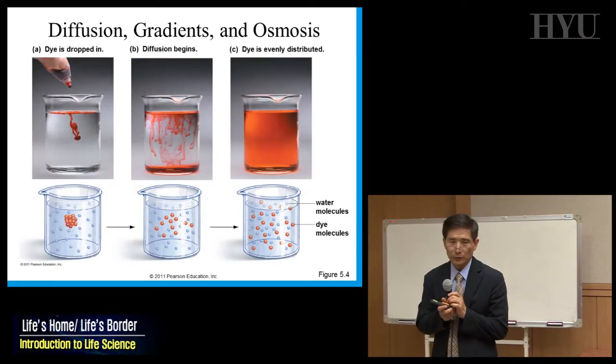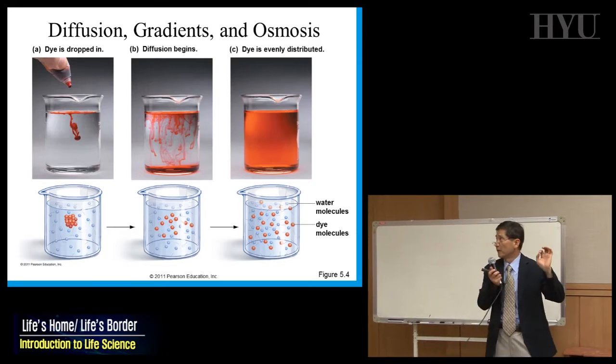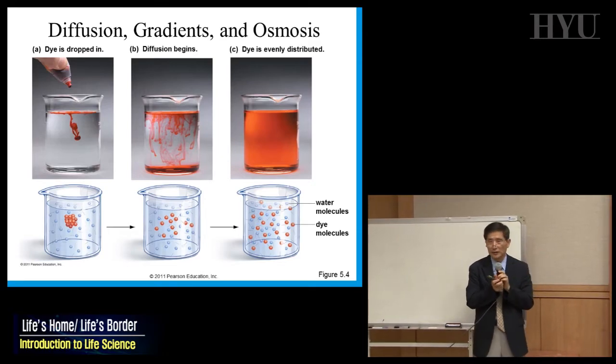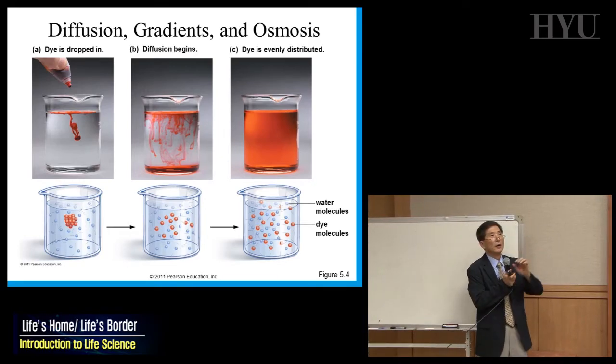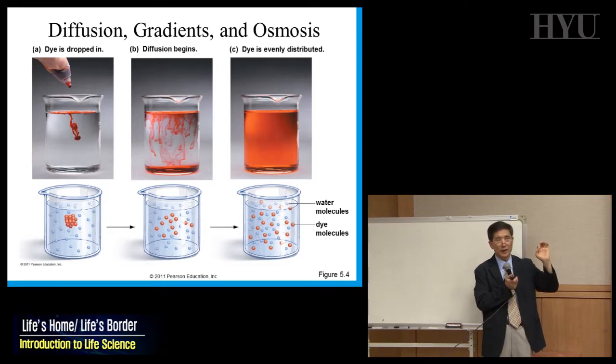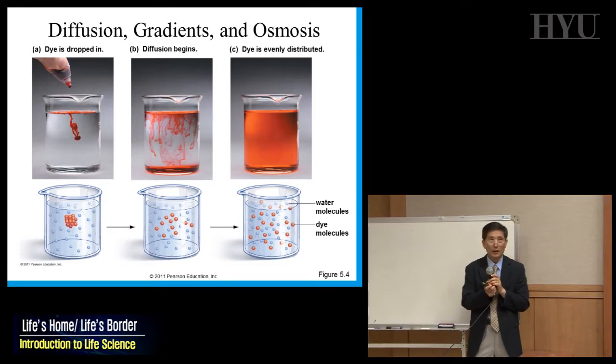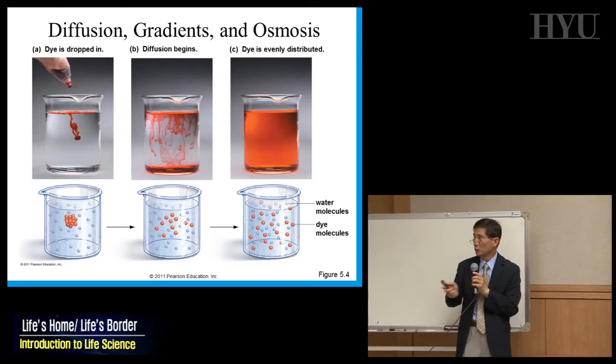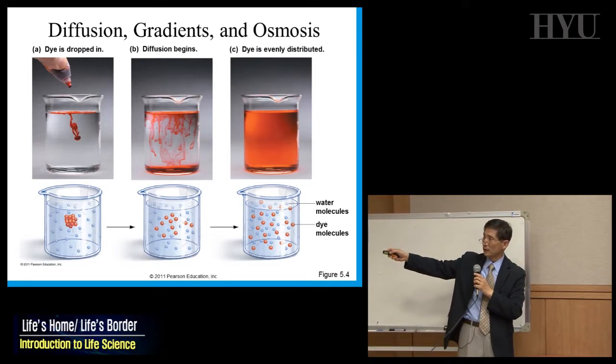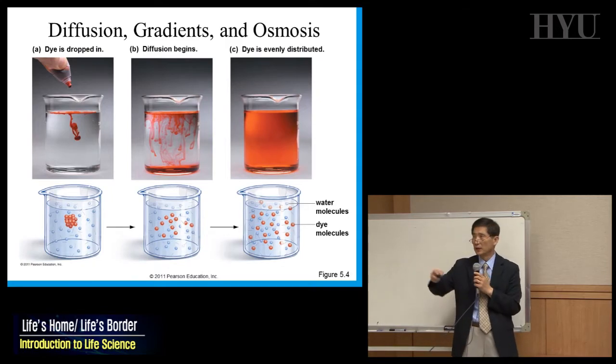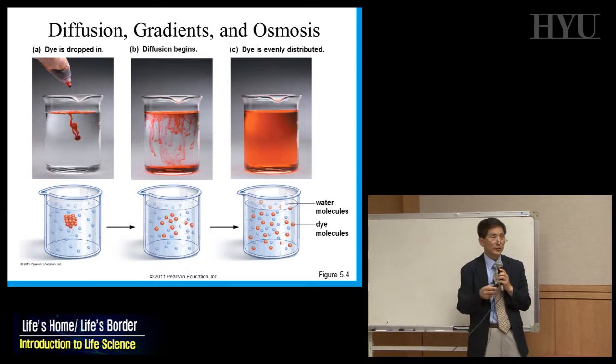So next, we have to understand diffusion and gradients. The last one we want to know is osmosis. Diffusion is an easy one. If you drop a drop of ink into the water, what happens? At the end, it will look like this.